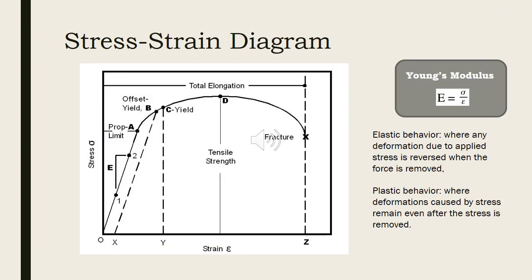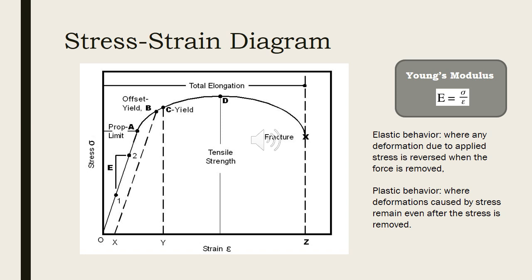The most common way to analyze the relationship between stress and strain for a particular material is with a stress-strain diagram. A stress-strain diagram provides valuable information about how much force a material can withstand before permanent deformation or failure occurs.